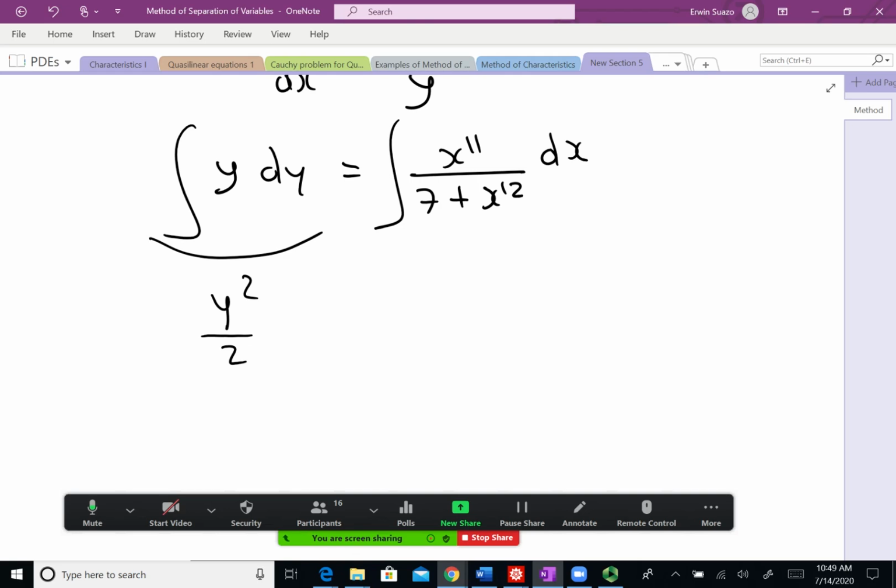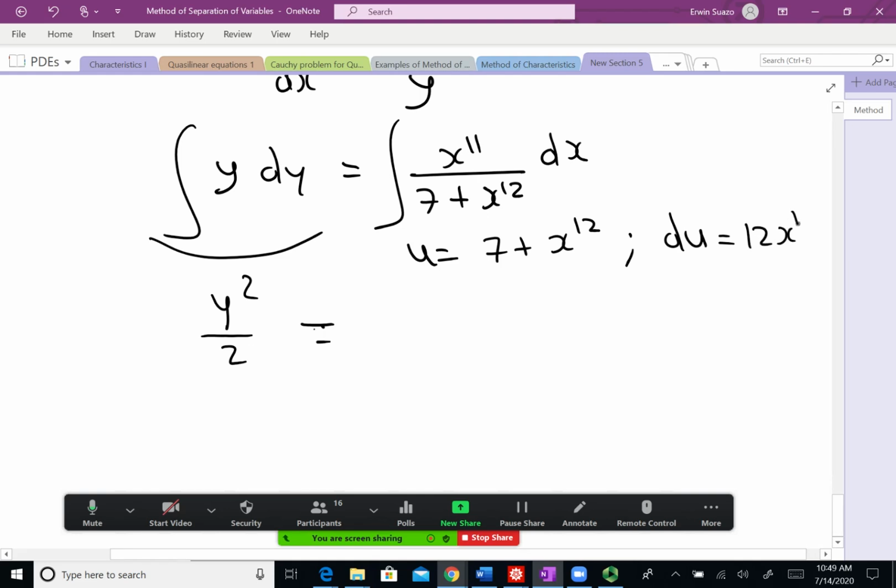Which one you wanna use? Substitution. There you go. So we do u equals 7 plus x to the 12. So what will be the du? If this is u, what is the du? So 11, that's 11 x, dx, right?